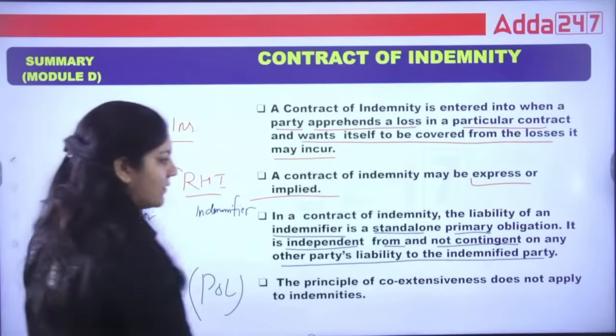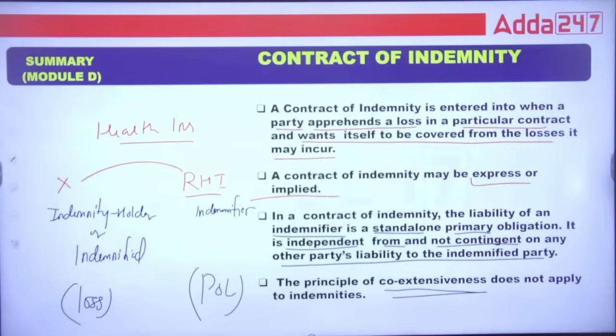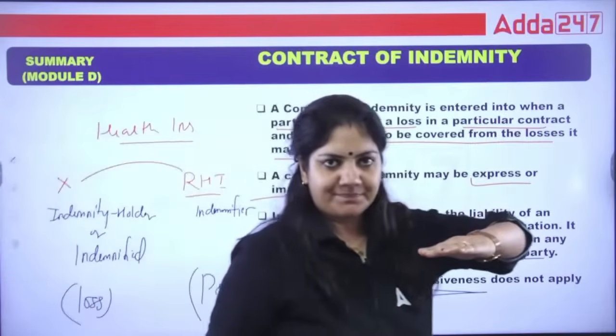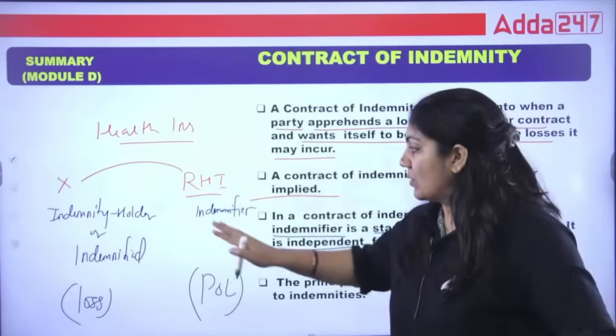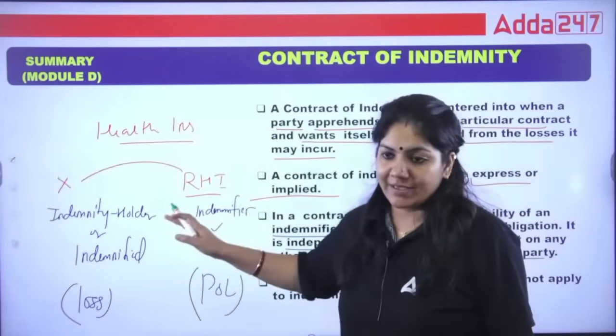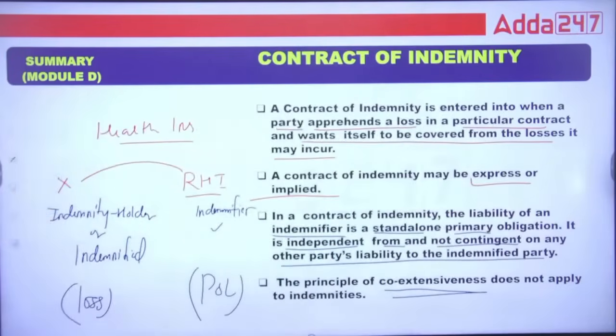And the principle of co-extensiveness does not apply to indemnities. So what is co-extensiveness? Co-extensiveness is basically liability that will not go parallel, because only one person is liable, that is the indemnifier. And for that, for insurance, we also pay the premium. Okay, we also pay the premium.